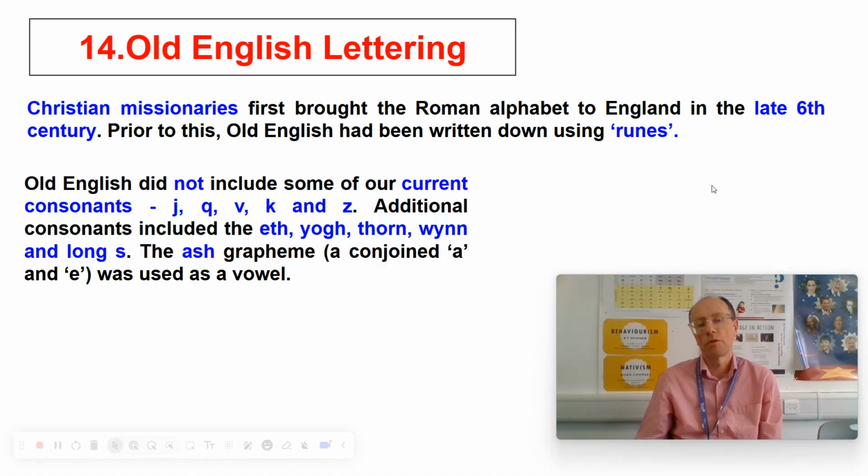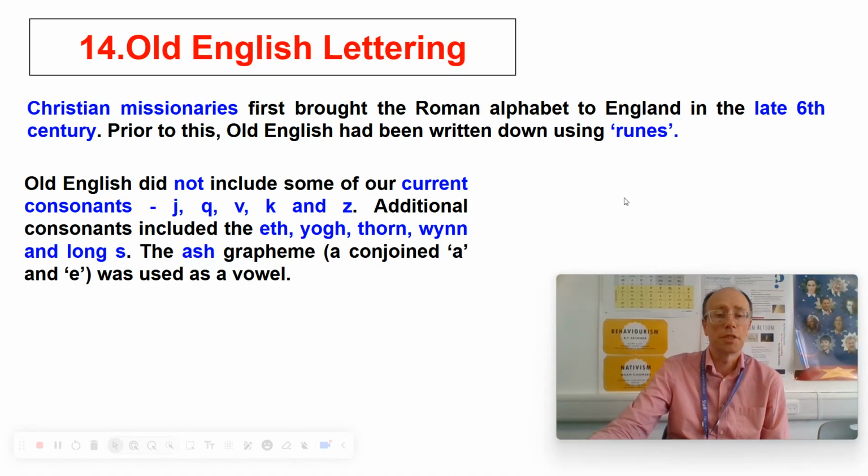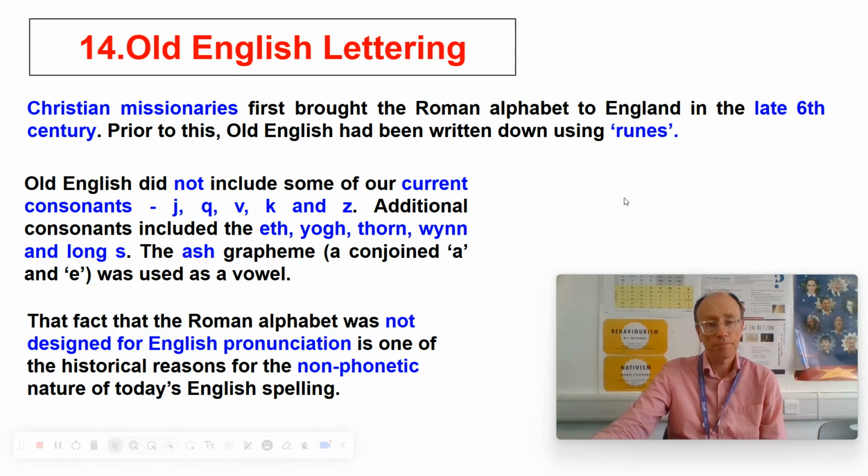And then you've got, of course, the famous long S. And on top of that, in terms of vowels, you have other vowels that are different from English, most famously the ash grapheme. So if you slap together an A and an E, as in aefter, that is your ash grapheme. So some quite fundamental differences between Old English lettering and current day English lettering.